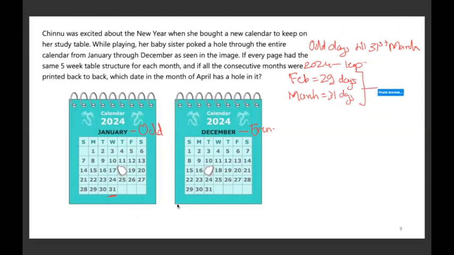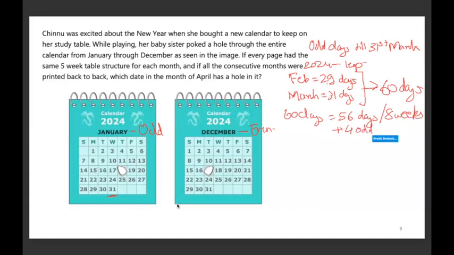When I add both of them together, it will be 60 days total, 29 plus 31. So 60 days will be equal to 56 days, or 8 weeks, plus 4 odd days.